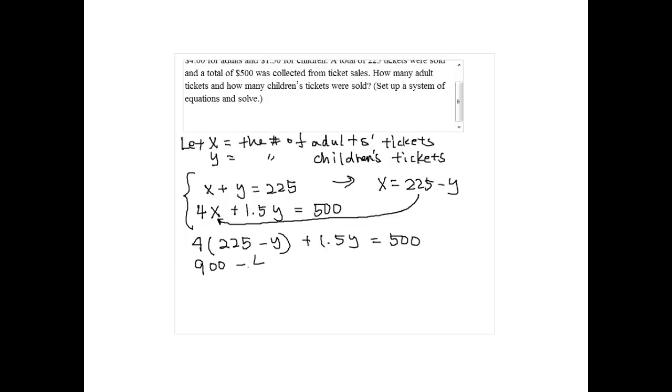So we have 900 minus 4y plus 1.5y equals 500. So negative 2.5y equals negative 400. So y is 160.